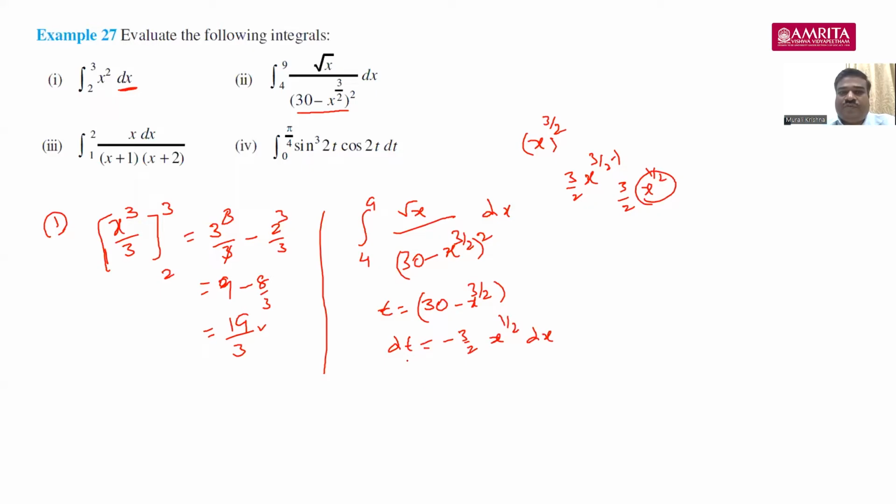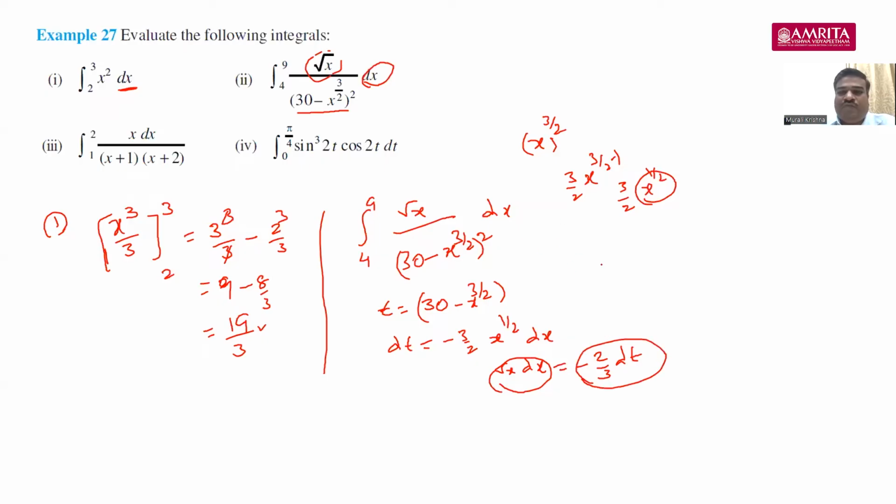So root x dx is minus 2 by 3 dt: 2 will come this side, 3 will go down. So this entire numerator, root x into dx, can be expressed as minus 2 by 3 times dt.